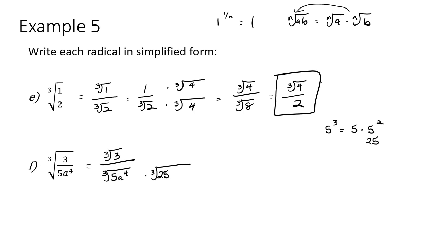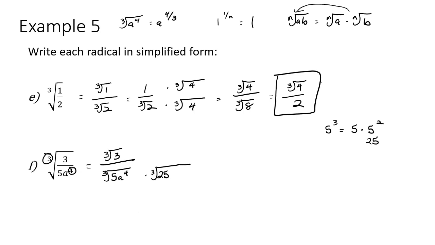With the letter, you need to be a little bit careful because remember, we handle those differently with the roots. You take the exponent on the inside and you divide it by the index of the root. So the cube root of a to the 4th is the same as a to the 4/3, 4 divided by 3.